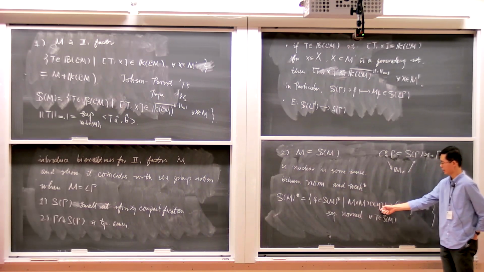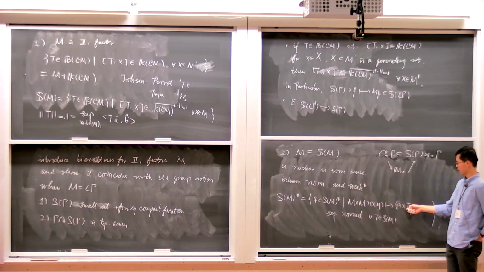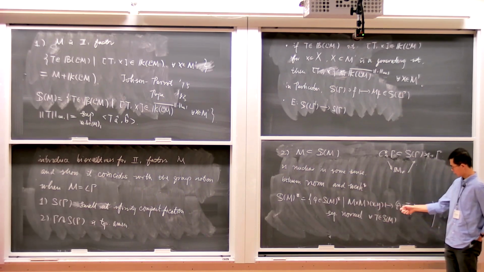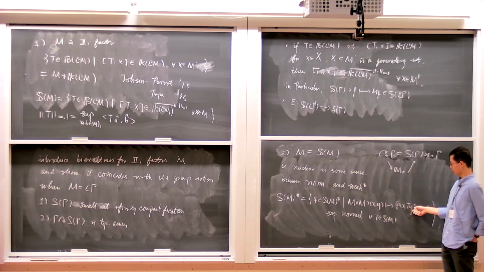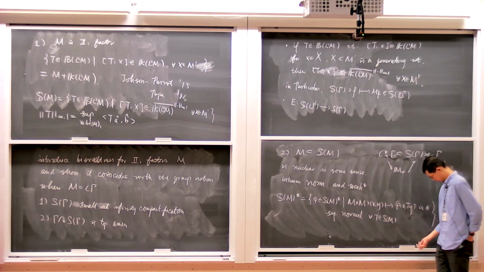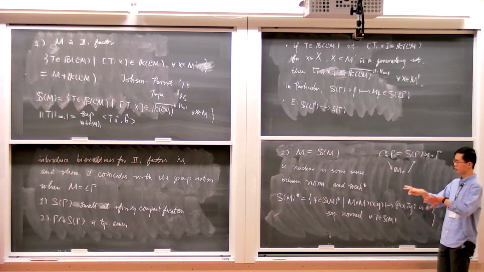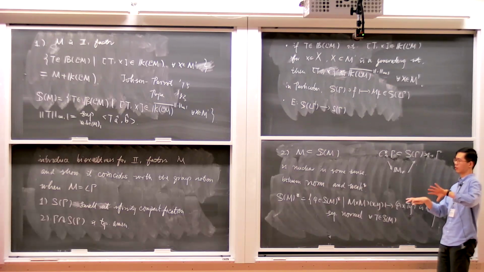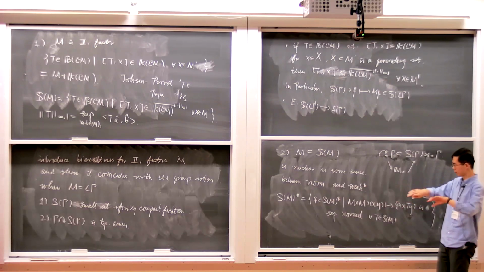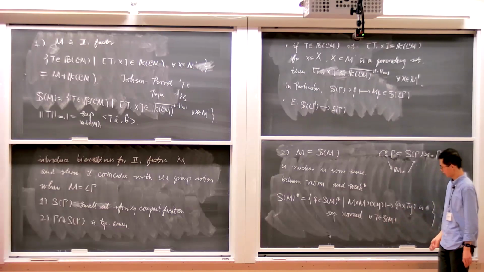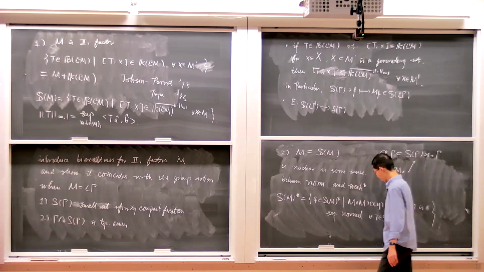If we have x and y inside M, then we can look at x times t times y, where t is in our S of M. Then we're looking at all the functionals that are normal when you fix a t and fix a y, then it is normal in x. So you can think of this as a normality condition on the bimodule structure of M, because they're normal when you multiply on the left and on the right, but it will be the norm topology on the boundary here.